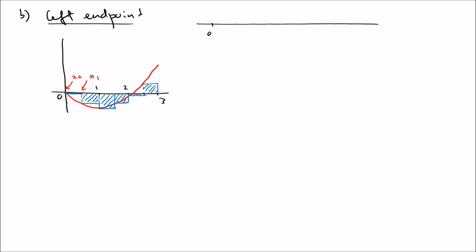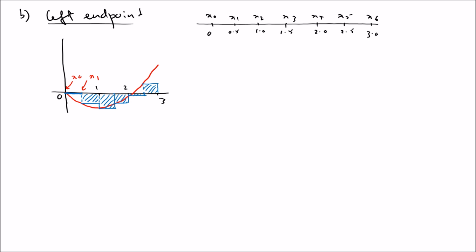We start with 0, that is x0. Then we have 0.5, that is x1. We have 1.0, that is x2. Then 1.5, that is x3. 2.0, that is x4. Then 2.5, that is x5. And then 3.0, that is x6.